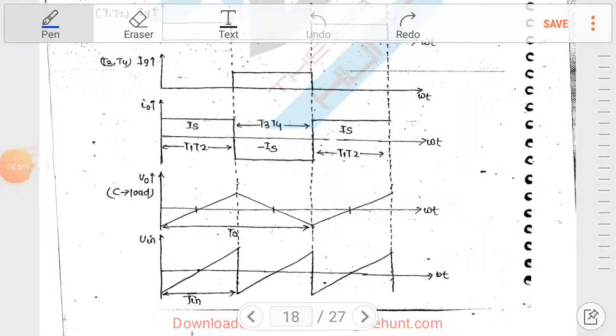How do we get the sawtooth waveform? Because when T1 T2 is switched on, V output equals V input, and when T1 T2 switch off and T3 T4 switch on, then T3 T4 will reverse the polarity of the output voltage. So we get the input voltage in reverse of it.